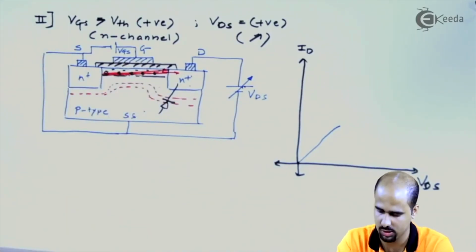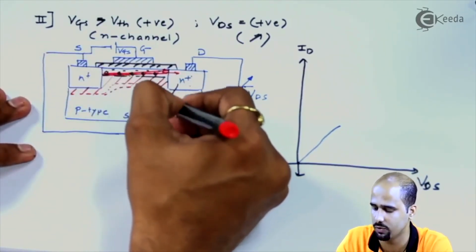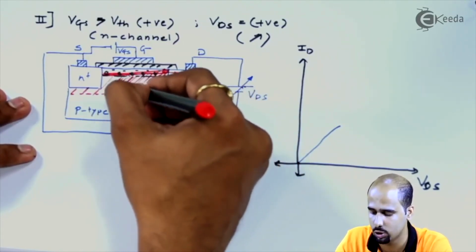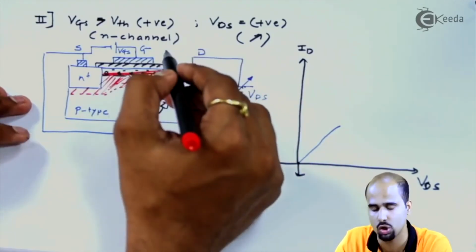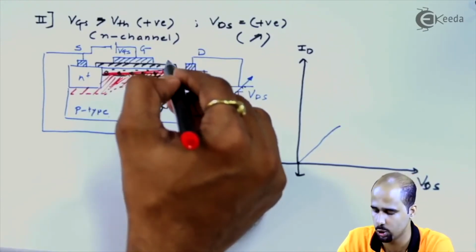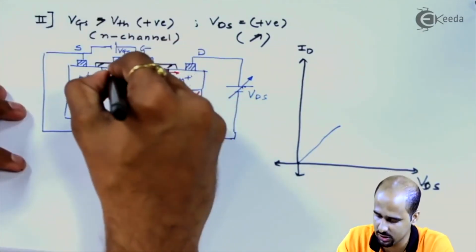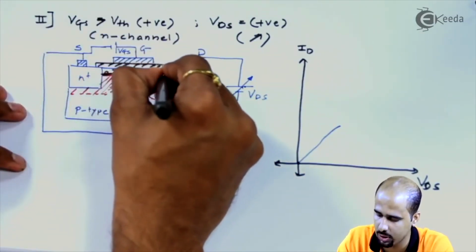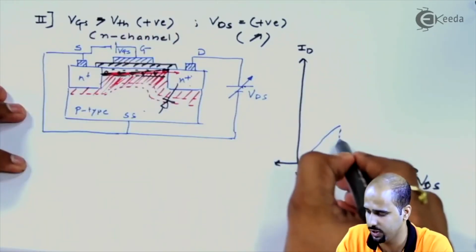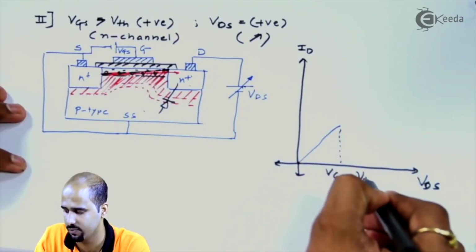So the channel reduces its width towards the drain region, and ultimately the junction width reaches one particular point where VDS is equal to VGS minus VTH.